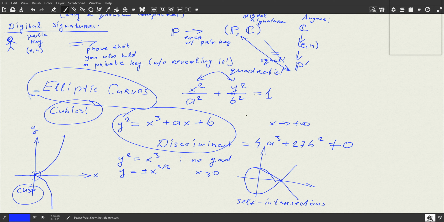Let's have a look at how typical cubic curves, elliptic curves, can look.